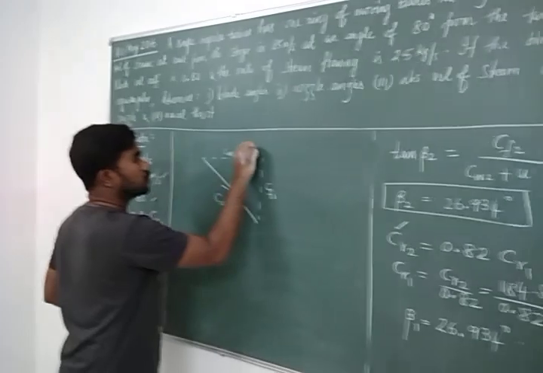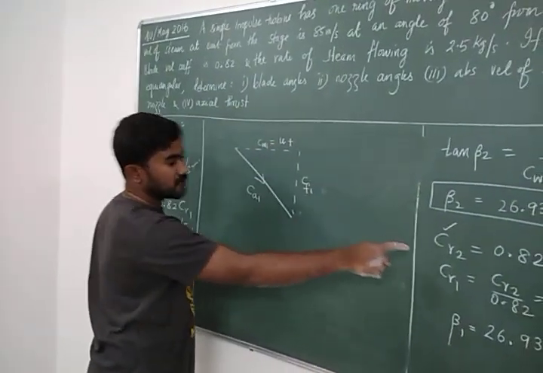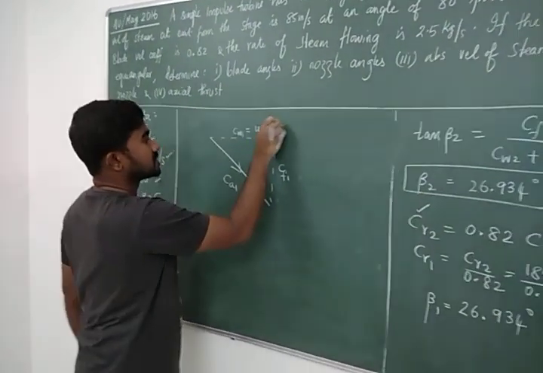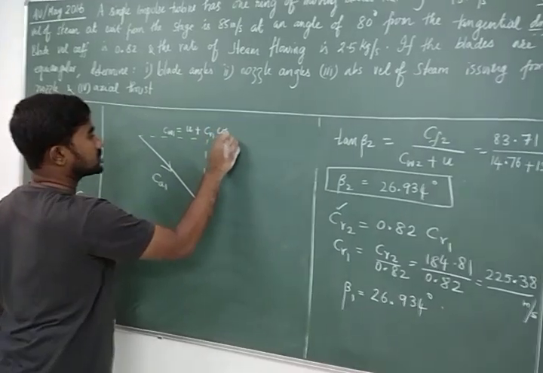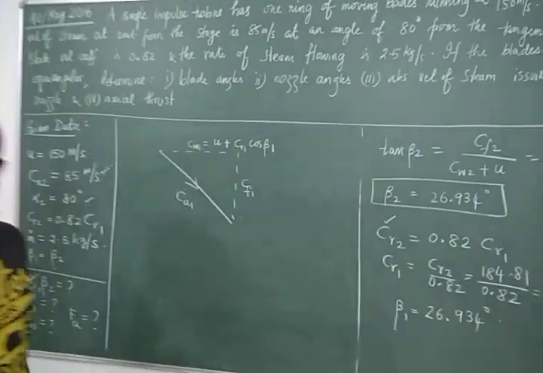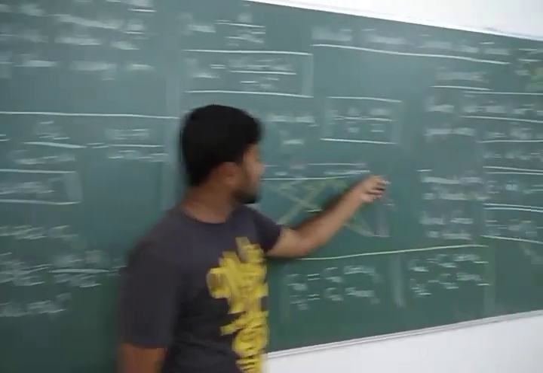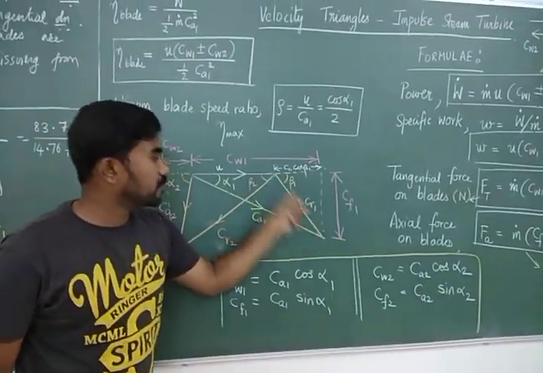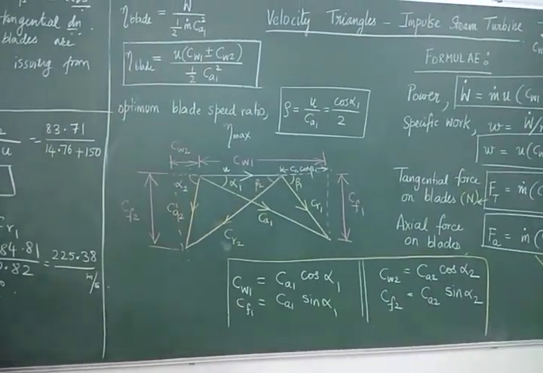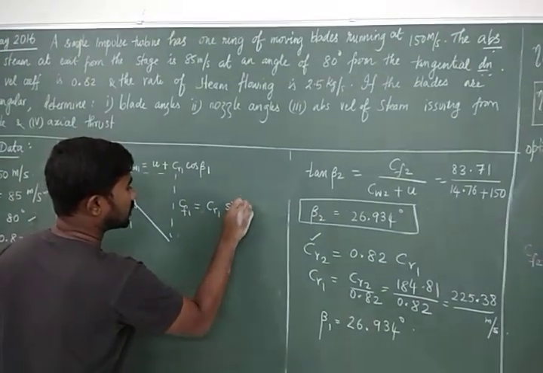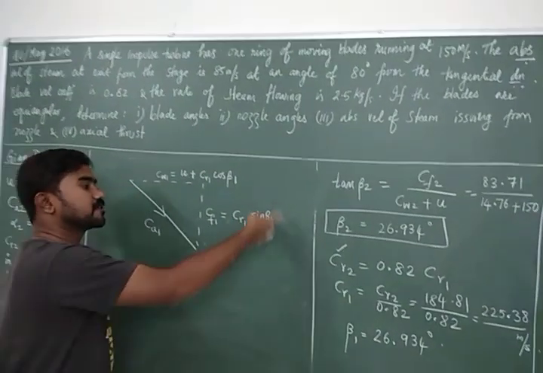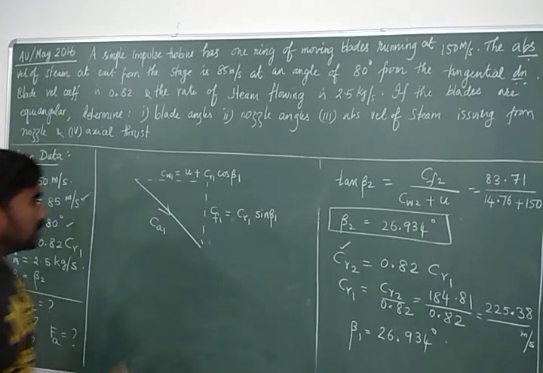So CW1 is nothing but U plus the horizontal component of CR1, which is CR1 cos beta 1. Okay, from the figure. Now CF1, if you see in the figure, CF1 is same as the vertical component of CR1. So CF1 is nothing but CR1 sin beta 1 because it is same as the vertical component of CR1.